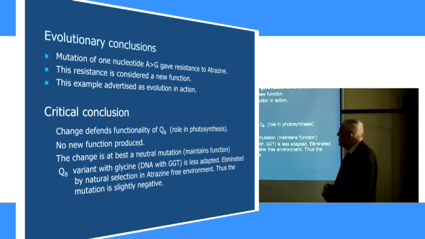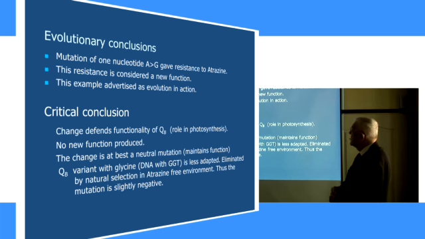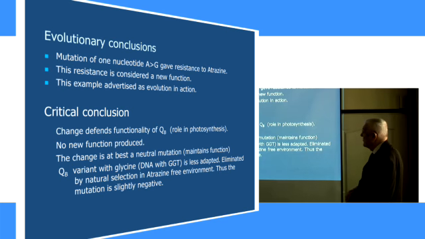Now, the evolutionary conclusion is this, that mutation of one nucleotide from A to G gave resistance to atrazine. This resistance is considered a new function, and this example is advertised as evolution in action. Now, I criticize this conclusion.